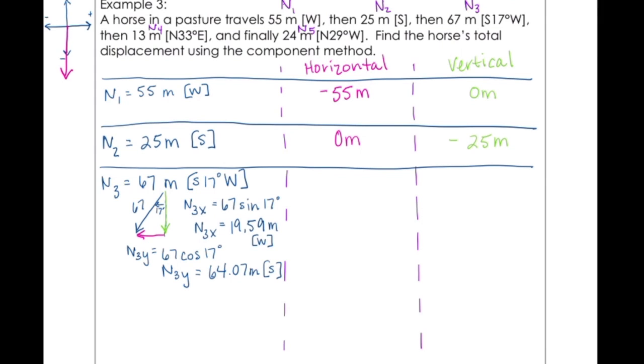So our horizontal component, N3 of x, is going to be negative 19.59 meters because it's in the west direction. And our vertical, N3 of y, is going to be negative 64.07 meters because it's in the southern direction.